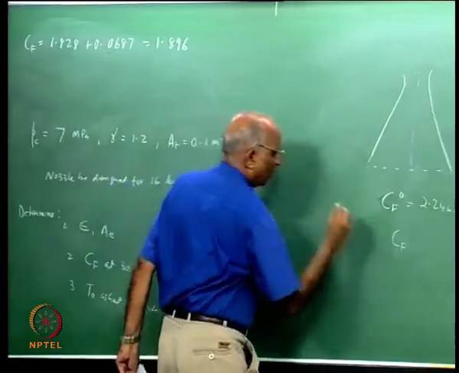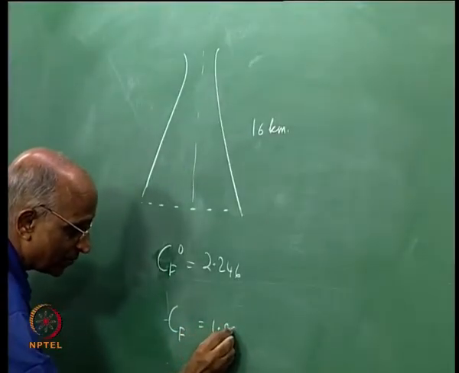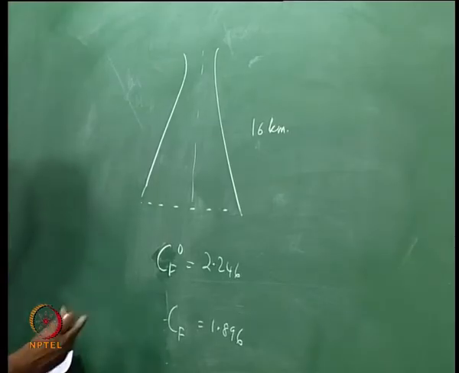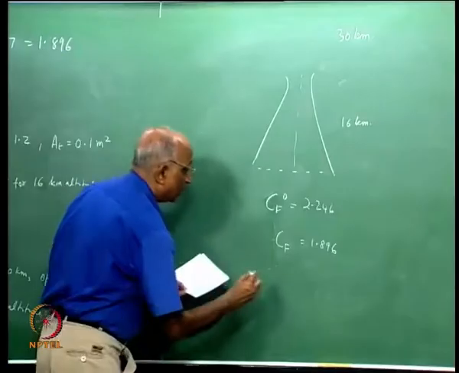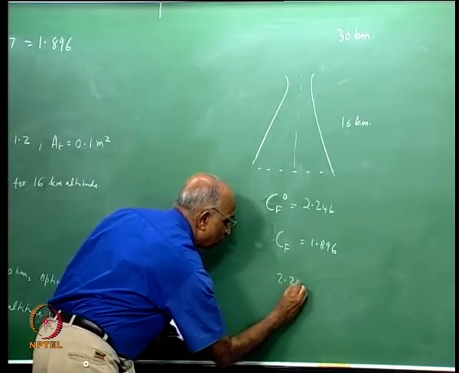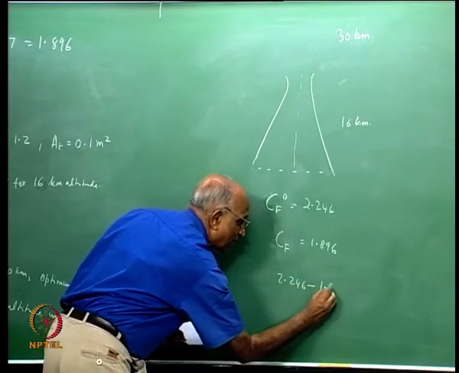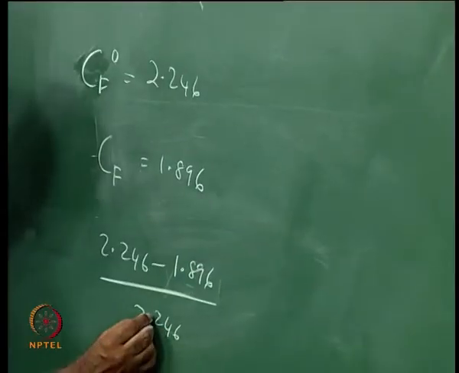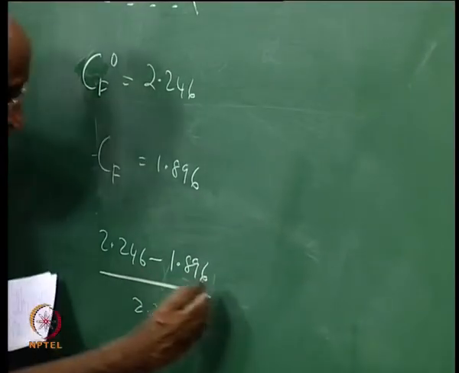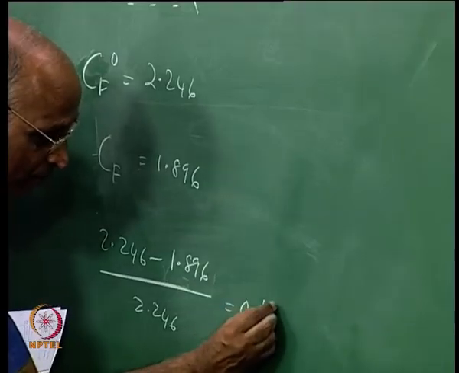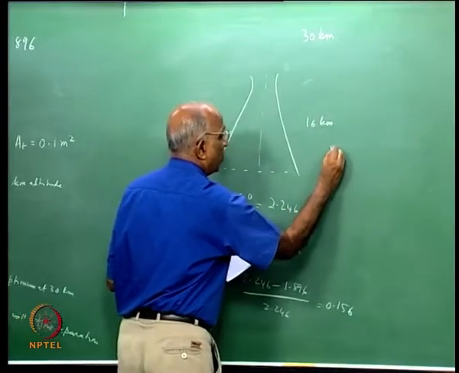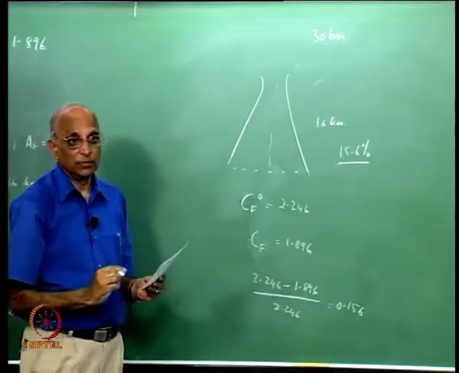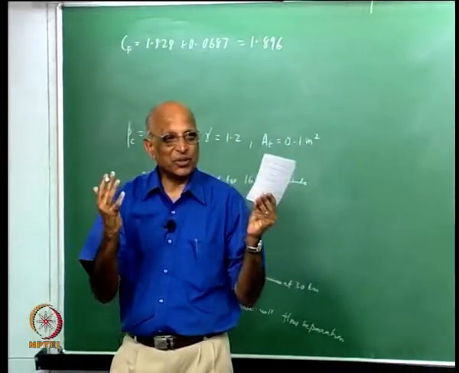I get the total number as 1.896, and therefore the percentage reduction from optimum is 2.246 minus 1.896 divided by 2.246. In other words, I have something like 0.156, or about 15.6% reduction from the optimum.